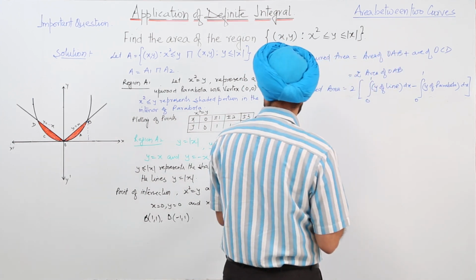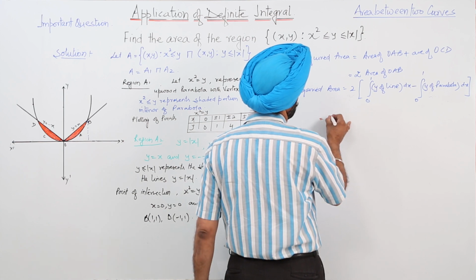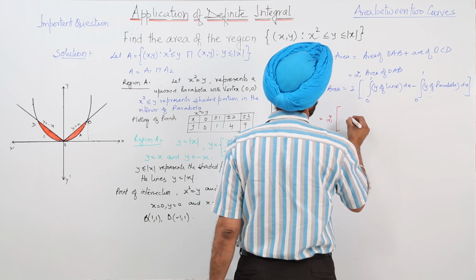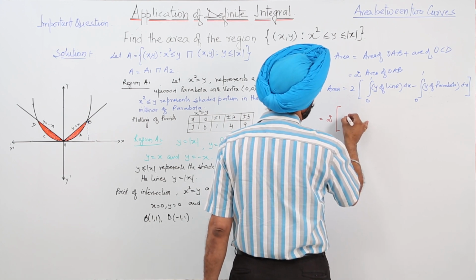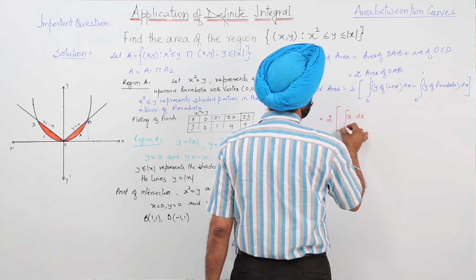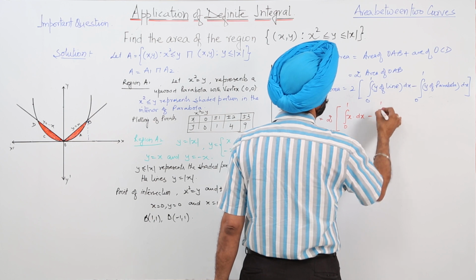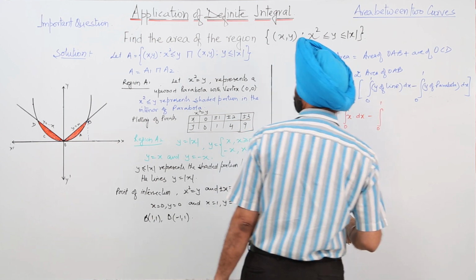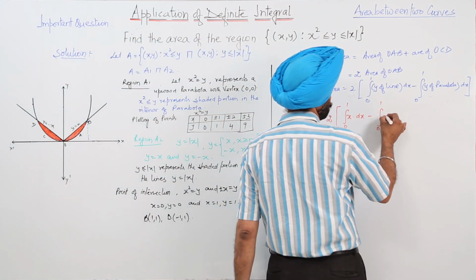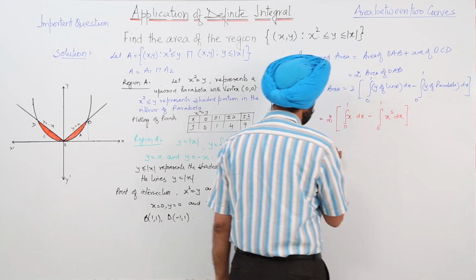Now this is equal to twice of the integral of y of line, which is x dx from 0 to 1, minus the integral from 0 to 1 where the parabola is y = x², dx.